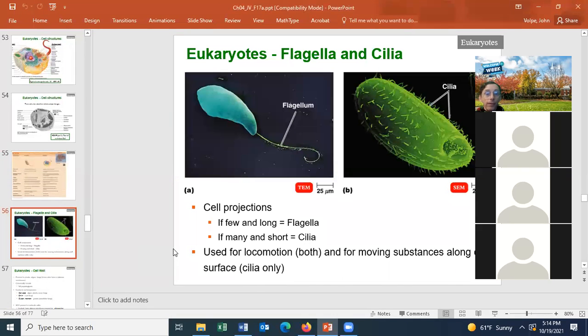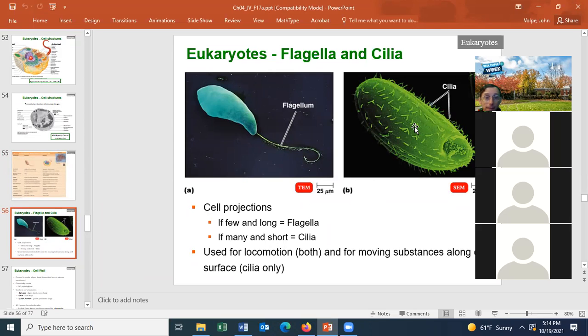All right, so eukaryotes move by either flagella, cilia, or what's the third one called? Drawing a blank here, just a minute. Pseudopods. The flagella are long. There's usually few of them on a cell. Oftentimes there's only one. If there are many of these projections on a cell, then there's cilia, and they're shorter.